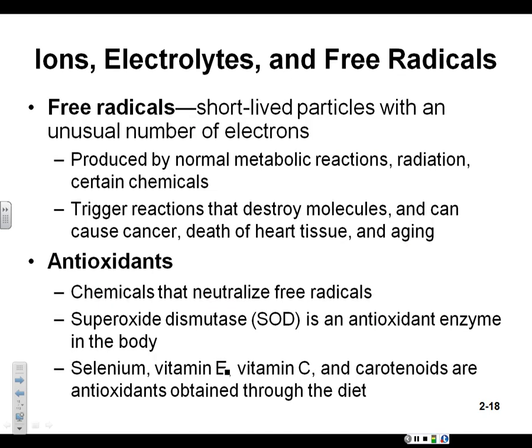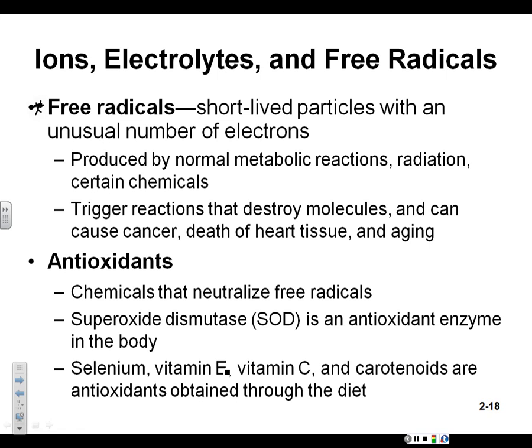The terms free radical and antioxidant. Free radicals can cause problems, volatile to your body system.